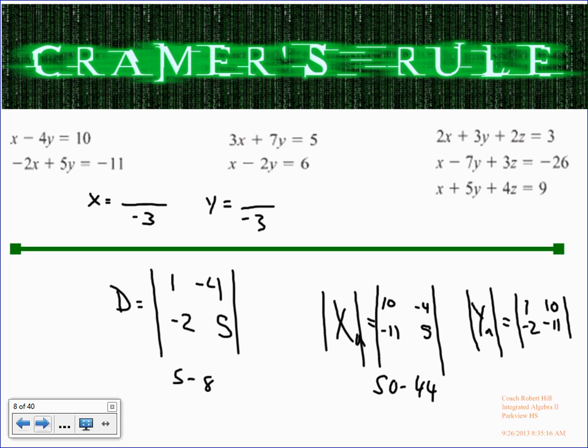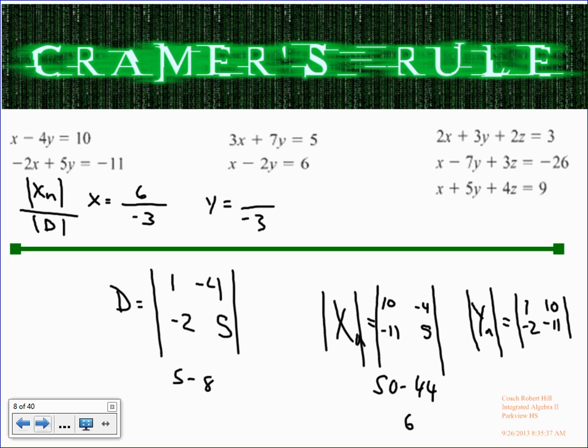What's 50 minus 44? 6. So I take that 6 and I make it the numerator here. That's why I started using that subscript n, so that you would understand that X's numerator comes from that matrix.